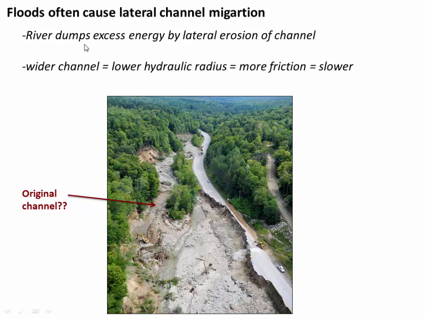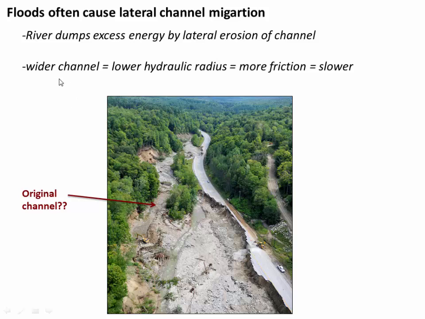Well, what rivers are really doing is they're dumping their excess energy. During a flood, they have way more energy than they know what to do with, and lateral erosion is a very effective way to get rid of this energy. So first of all, you have to move the sediments, so that dumps some of your energy.